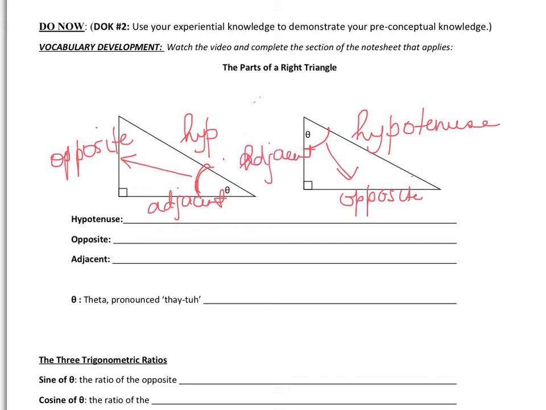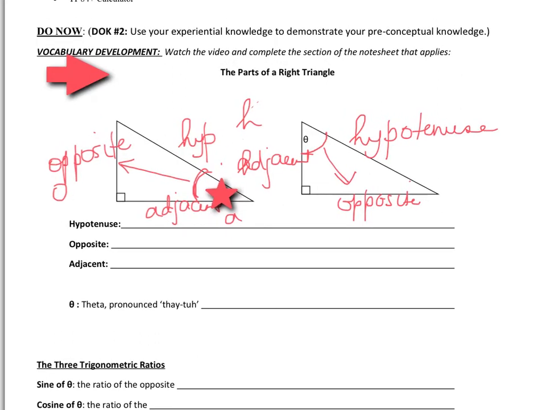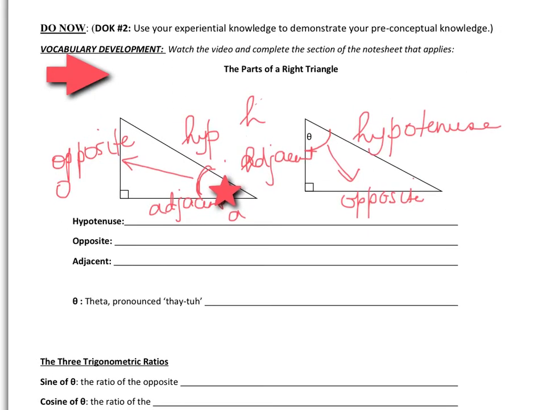Now we're going to use O for opposite, A for adjacent, H for hypotenuse. So let's do a quick review. If we talk about an angle, we're going to make this angle the star of the show. Opposite the star is the opposite, and next to the star is the adjacent. But the hypotenuse is always across from the right angle.